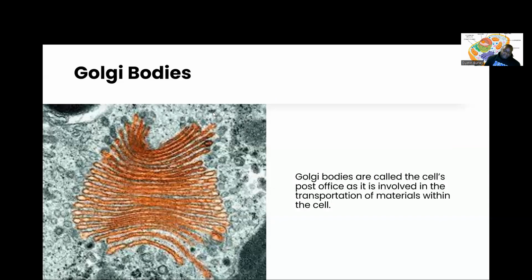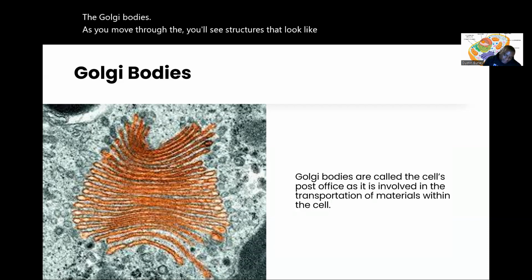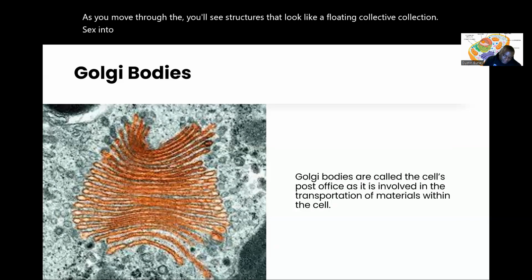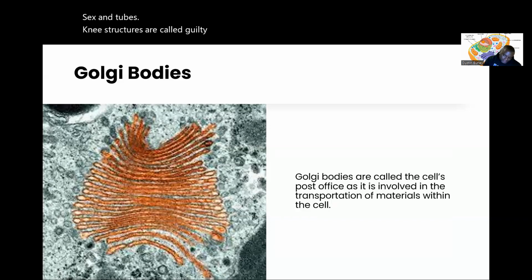The Golgi bodies. As you move through the ER, you'll see structures that look like a floating collection of sacs and tubes. These structures are called Golgi bodies. It can be thought of as the cell's mailroom.